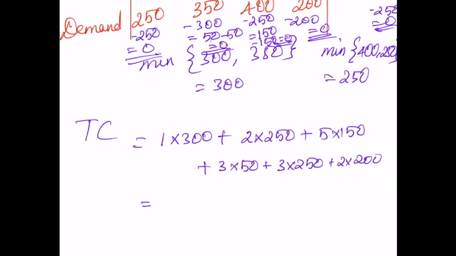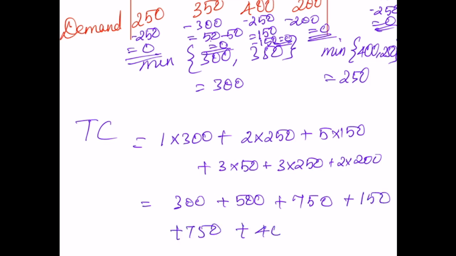So this is equal to 300 plus 500 plus 750 plus 150 plus 750 plus 400.